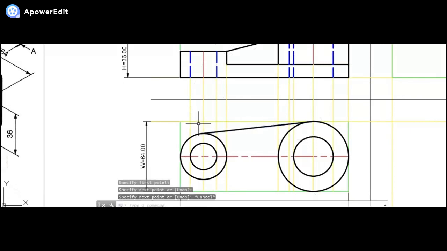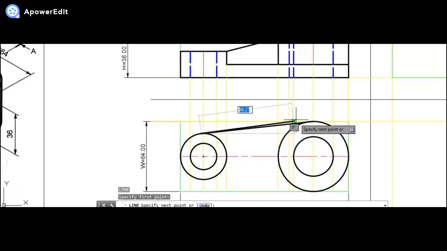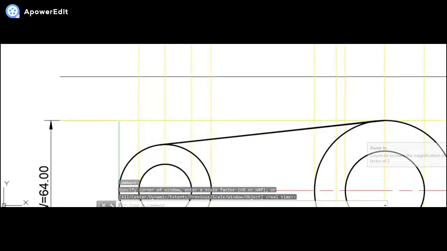Okay, once we get this tangent point, even from this particular point, a line that I will be drawing from here and will be snapping the tangent point once again over here on the surface. So it's like this. Okay, so once we are done, just let us check the difference in the two lines.